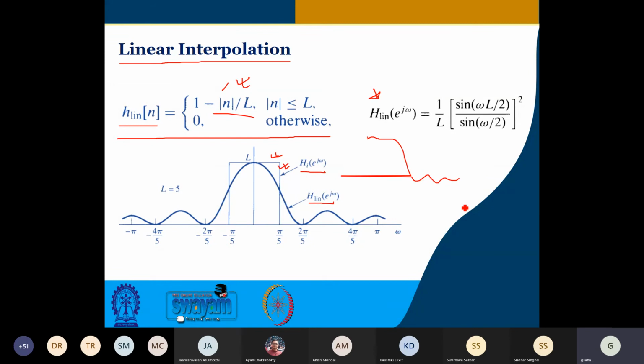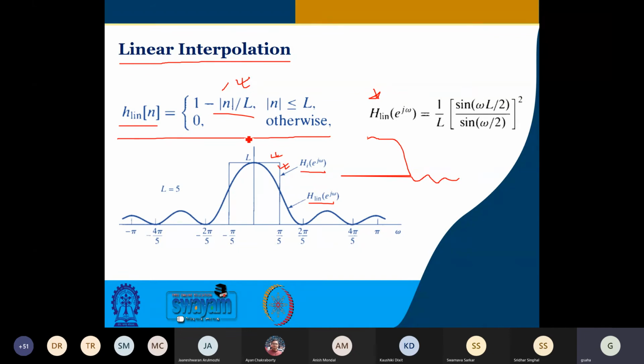FIR filters, we have seen how to design them. You can use those also, and they will give you a better approximation. This is just a simple mechanism that people have used. This is one of the options.